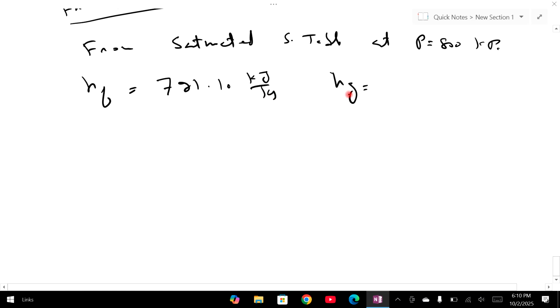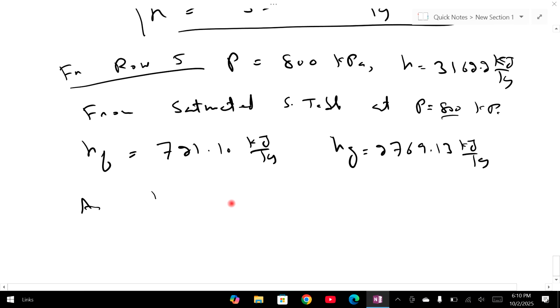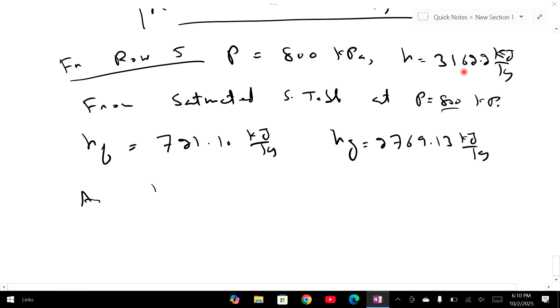The H given to us is 3162.2 kilojoule per kg, which is greater than the value of Hg.